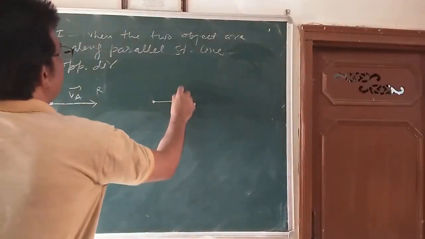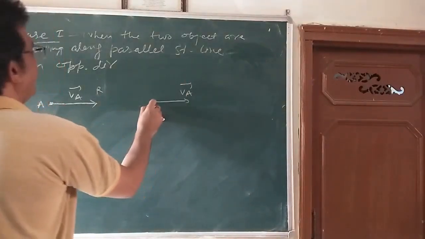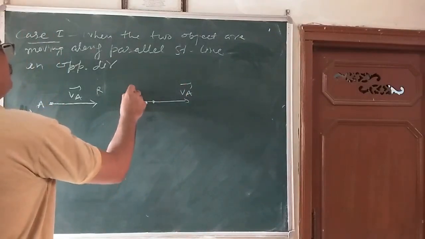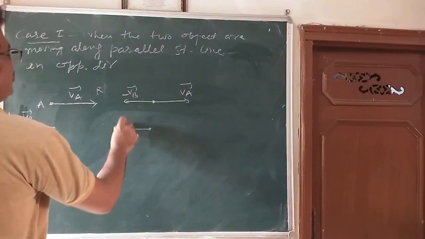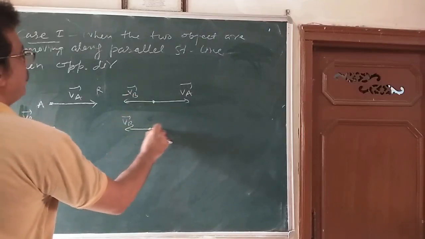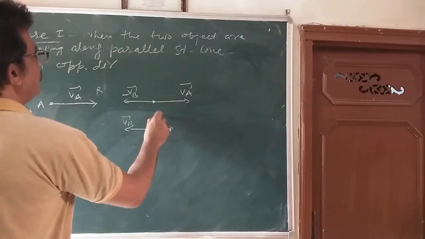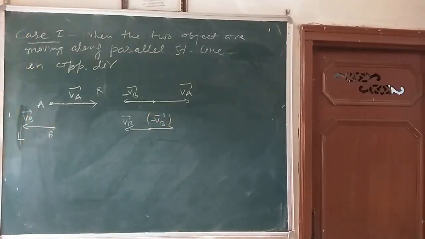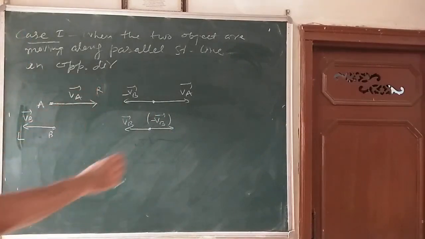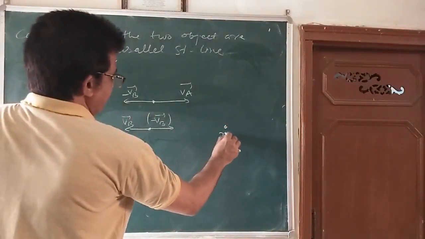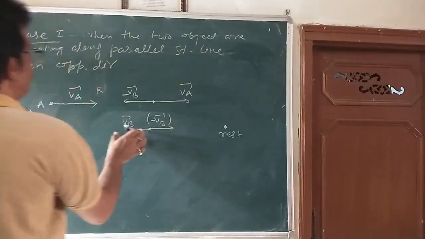Here you can say VA and here minus VB. Similarly here the direction is VB and superimpose in this direction minus VB. Both the objects, due to which the velocity of the object B becomes 0. Is it at rest? Both will cancel out.